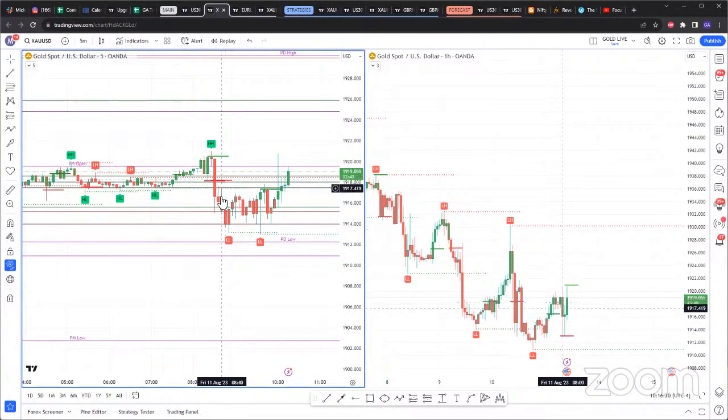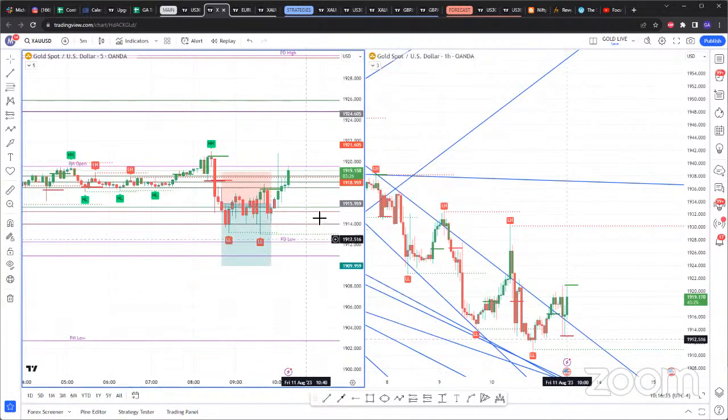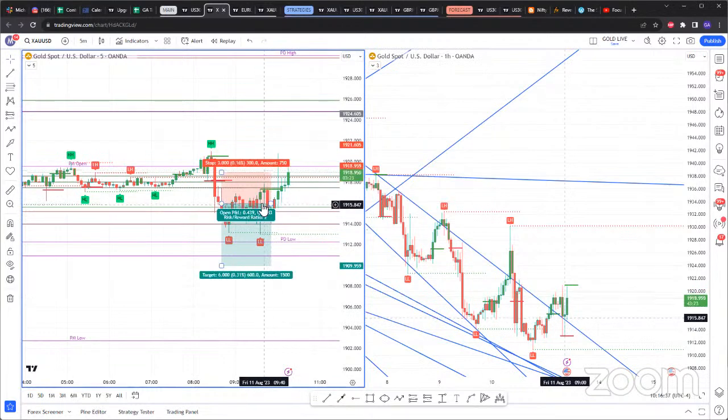The only one that's close by here is this sell, a short position right there. If I was doing the same thing, 30 pips, the trade came down from 1915 to 1912.